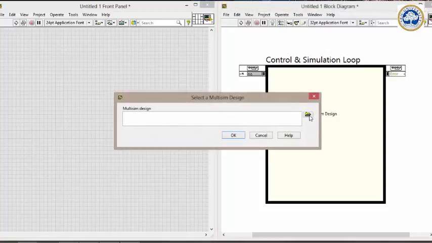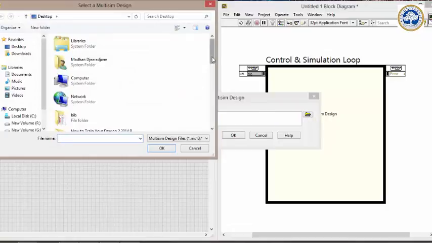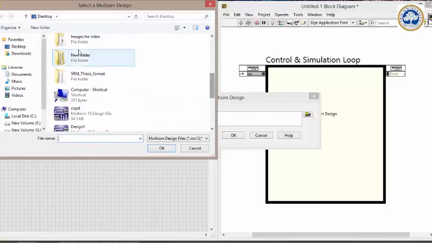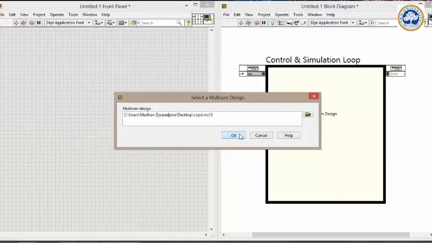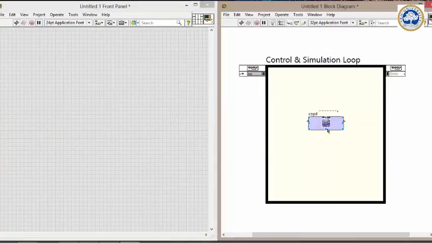The user can select the source of the file. As you can see, the circuit created in NI Multisim is now compressed and only two ports are available, one for the input and one for the output.